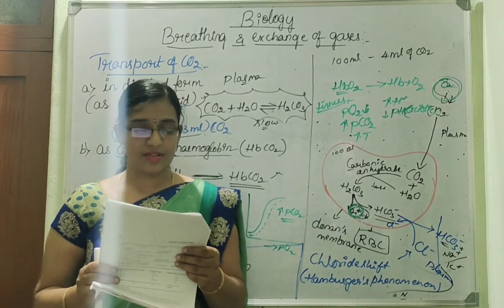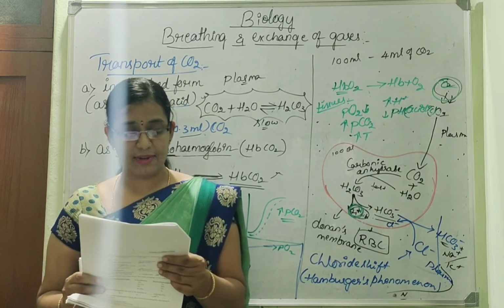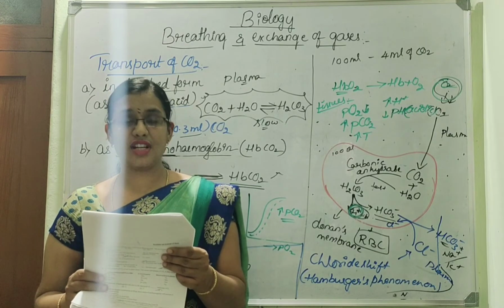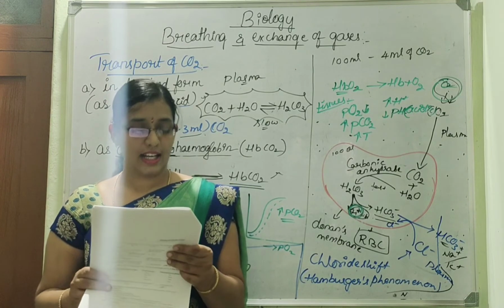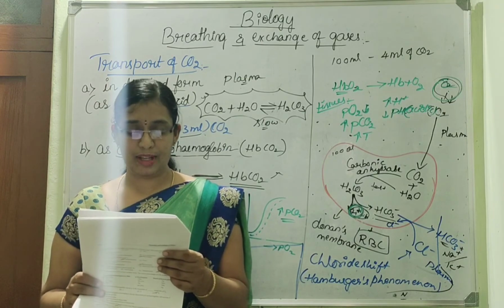How much carbon dioxide is delivered to alveoli by 100 ml of deoxygenated blood under normal physiological condition? Option A 10 ml, B 20 ml, C 5 ml, D 4 ml. So how much?